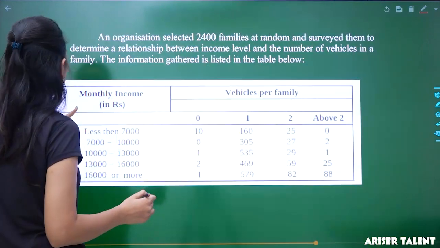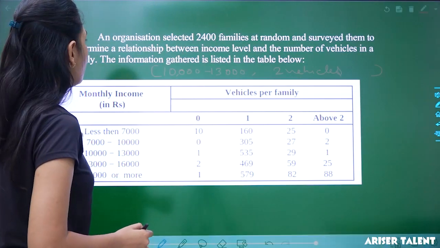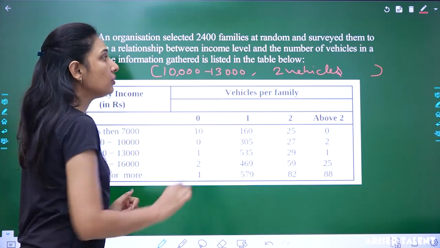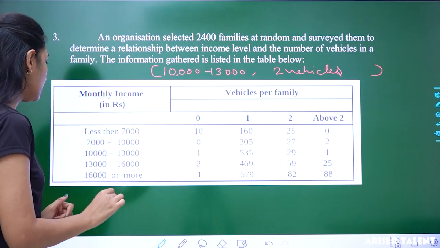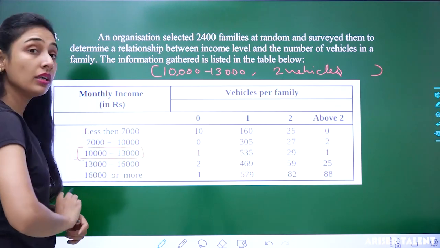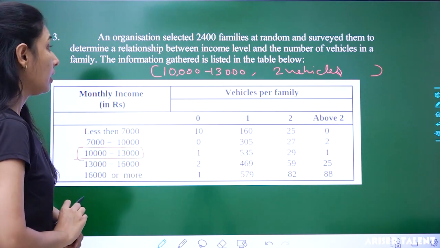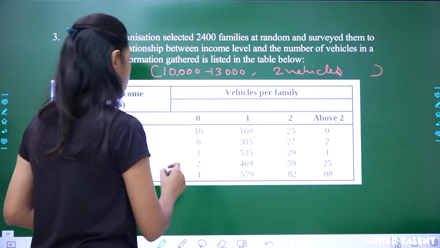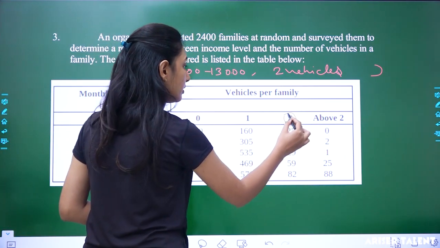Then look at it here. What you are having? 10,000 to 13,000. What is this range? This range is this. Now, 2 vehicles.